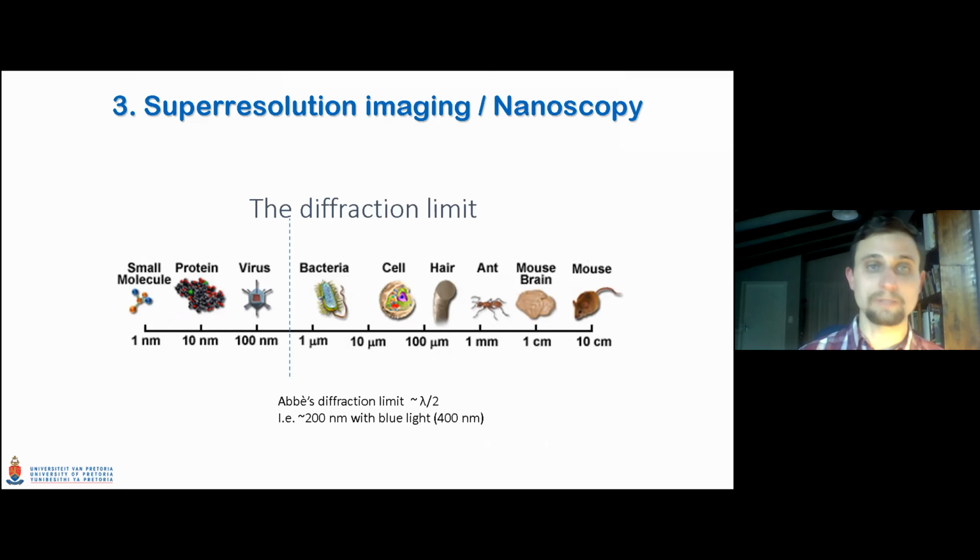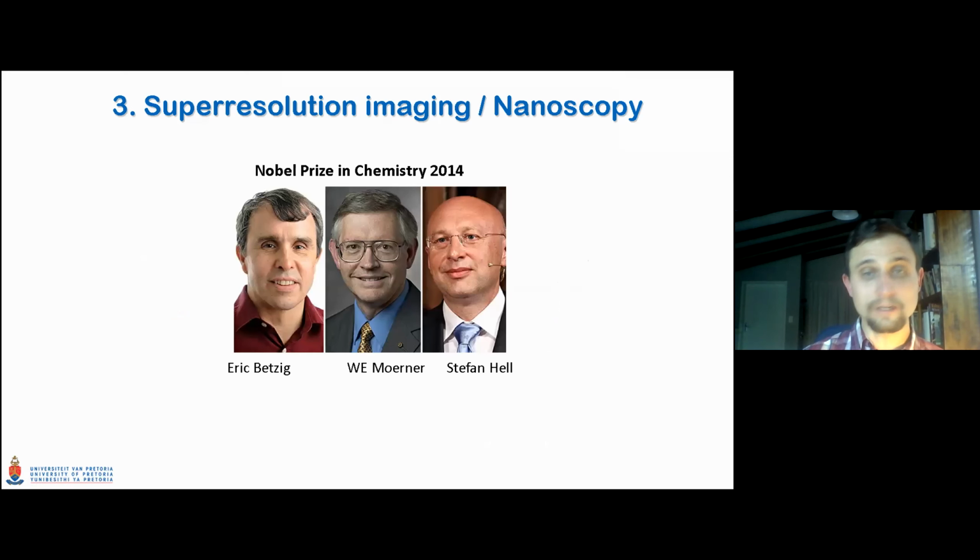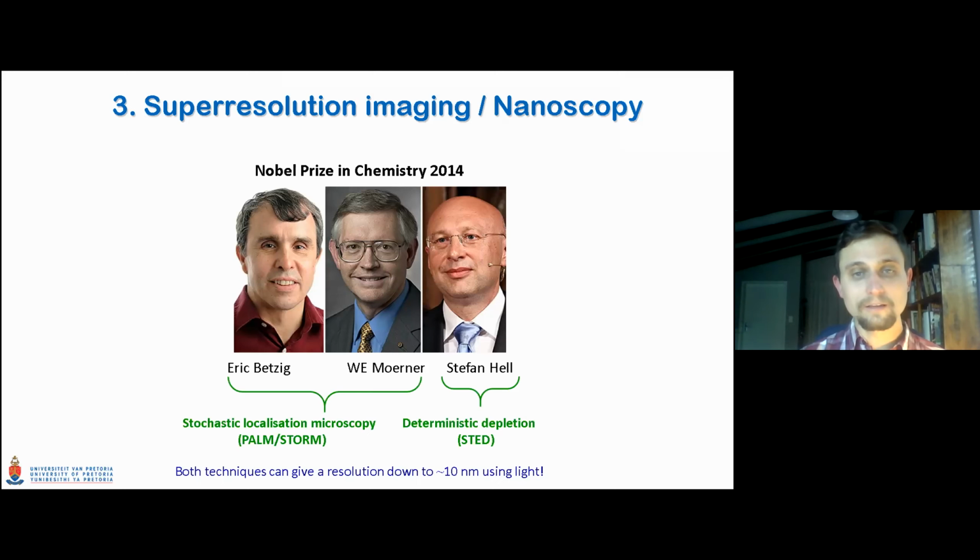beyond the diffraction limit. So there have been people who were awarded the Nobel Prize some 7 years ago who developed some methods and some tricks to use light to go beyond the diffraction limit. And these methods can be divided into 2 categories. One is based on the principle of stochastic localization microscopy. I'm going to very briefly introduce you to that. PALM or STORM are the abbreviations used for the main method.